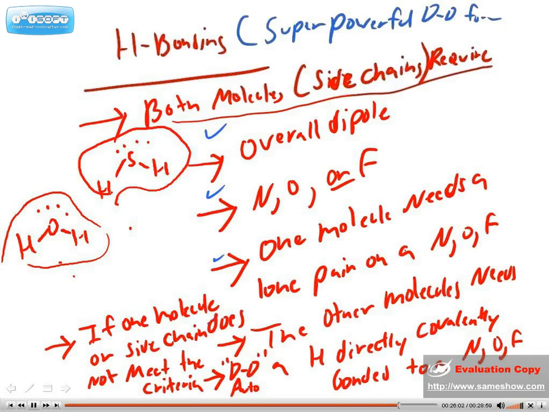This one, however, is not. Although it has an overall dipole, it doesn't have a nitrogen, oxygen, or fluorine. So the best it could do is dipole-dipole intermolecular forces. So if one of them doesn't meet the criteria, it's automatically downgraded to the next potent intermolecular force, in this case, dipole-dipole. So nature settles for the next potent one.